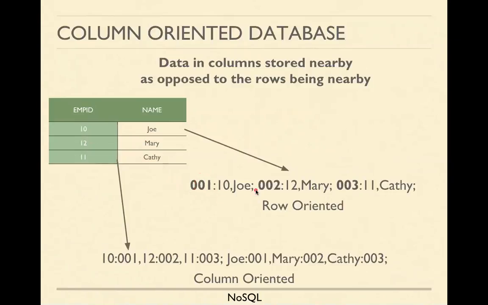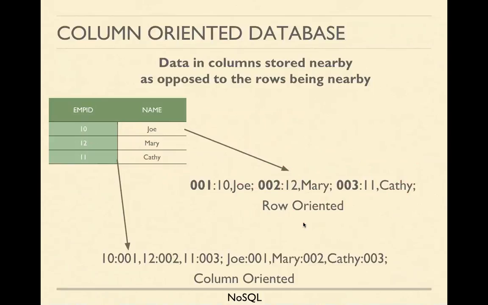This is how we store it in the row oriented manner. CSV files, Excel files, and all of these usual kinds of storage store the data in a row oriented fashion. Is everybody okay with this?